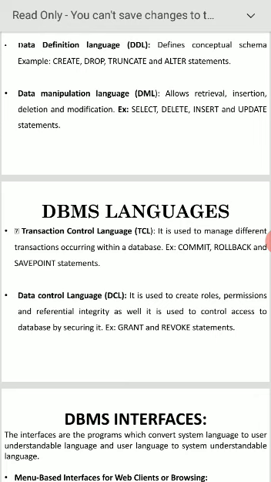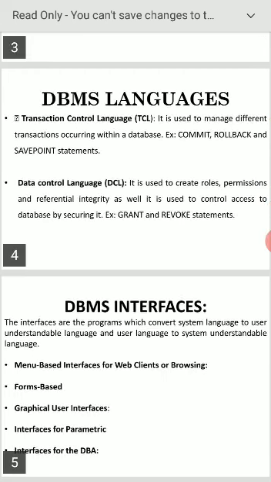DML allows for the manipulations. Next, transaction control language will manage the transactions. Data control language, if you want to access it, you have to give the permissions. These are all the different DBMS languages available.